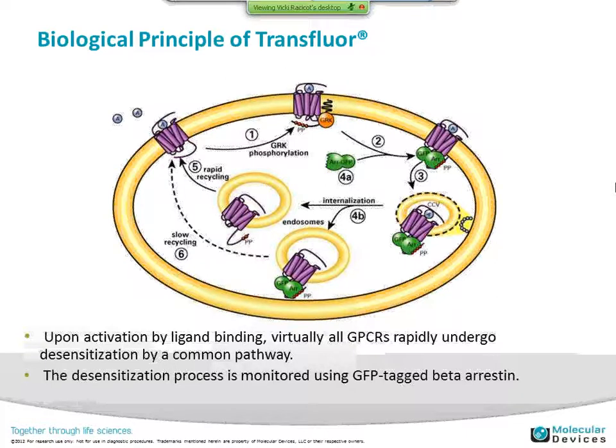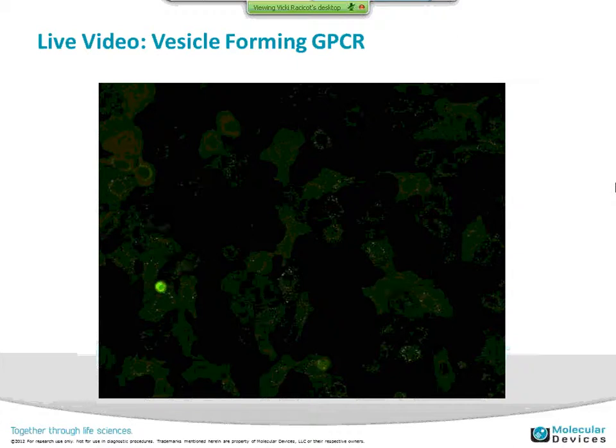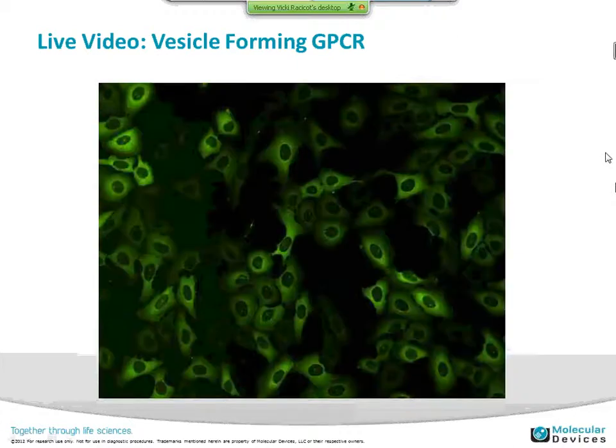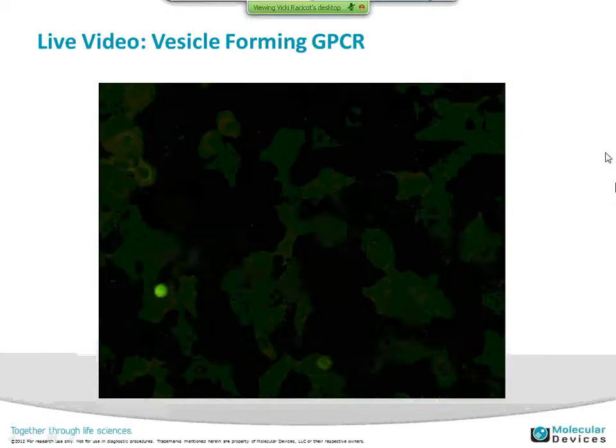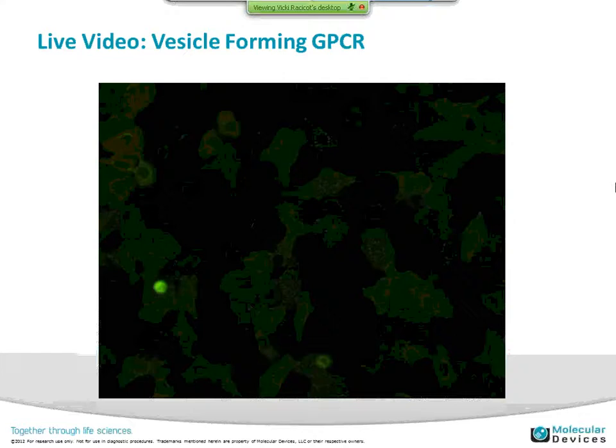We take advantage of this generic phenomenon with GPCRs by tagging beta-arrestin with GFP. Beta-arrestin is recruited during the formation of pits or vesicles as that desensitization process proceeds. And as you can see in these live cell images that were captured on the MetaXpress microscope, we can visualize the relocalization of that beta-arrestin GFP as the stimulation with the ligand of interest proceeds.